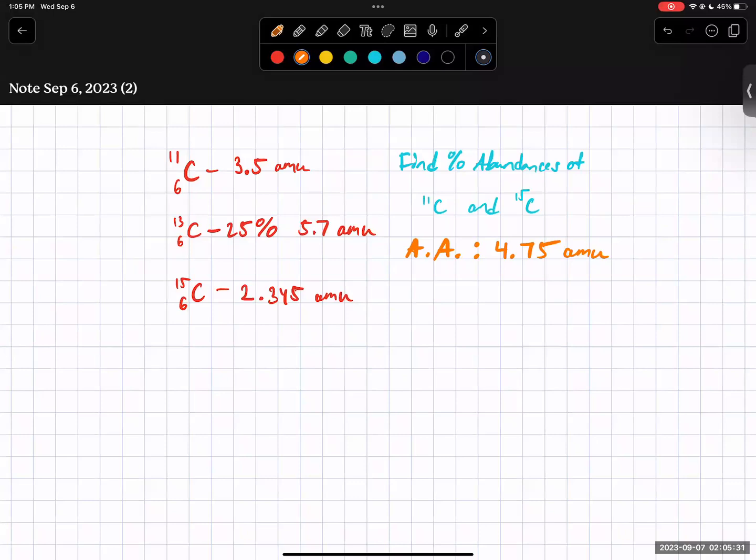All equals 25%. The top of that. There's 7 percent times 3.5. These are the percents.